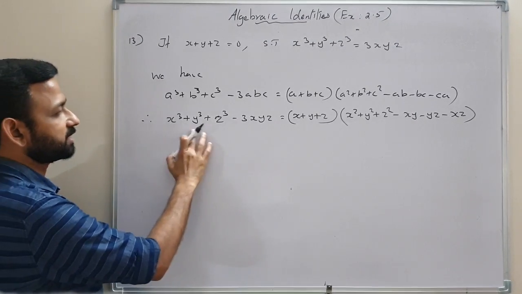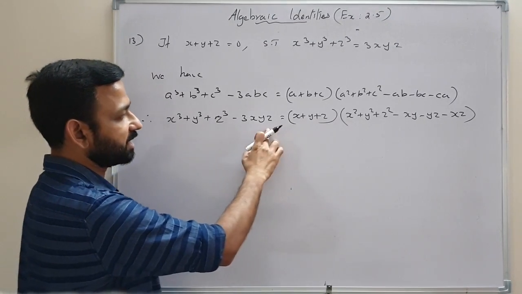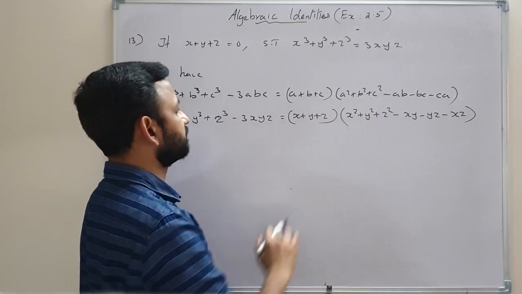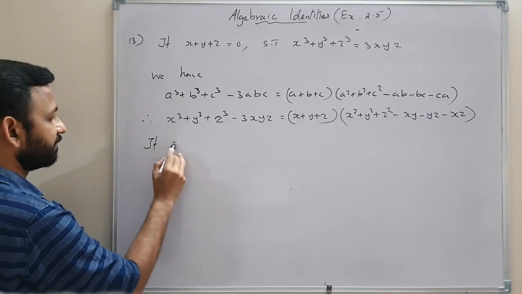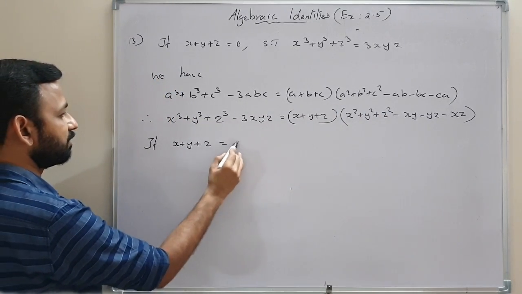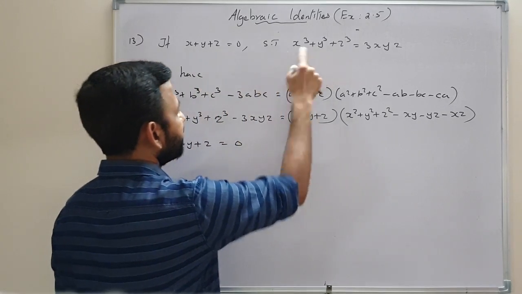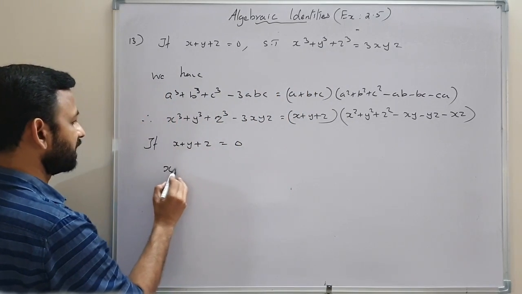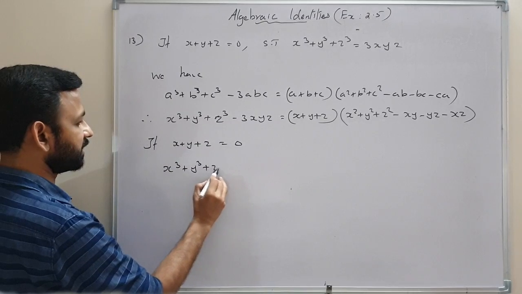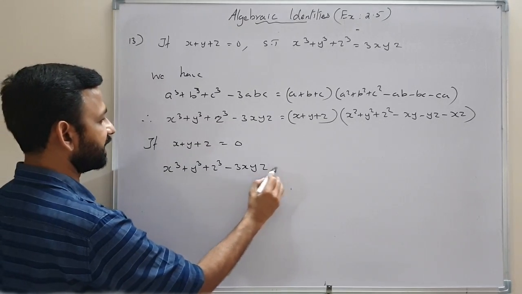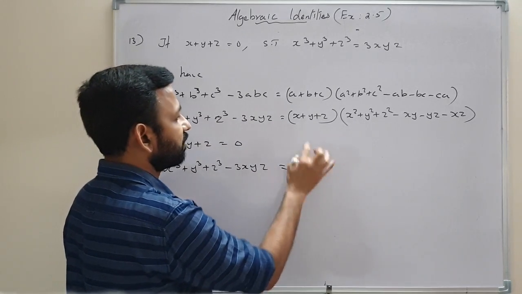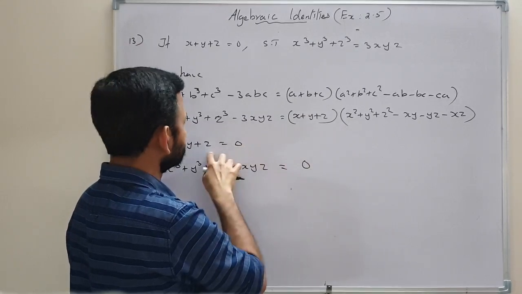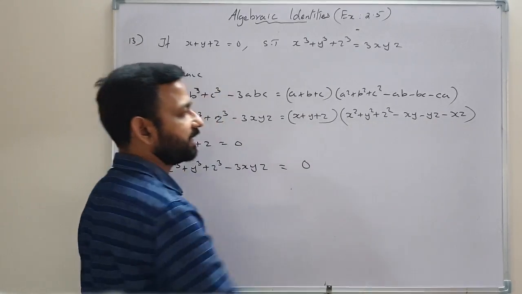So we got x cube plus y cube plus z cube minus 3xyz equal to (x plus y plus z) into this one. Then if x plus y plus z equal to 0, then LHS, x cube plus y cube plus z cube minus 3xyz, equal to 0, because x plus y plus z is 0 into that complete term.